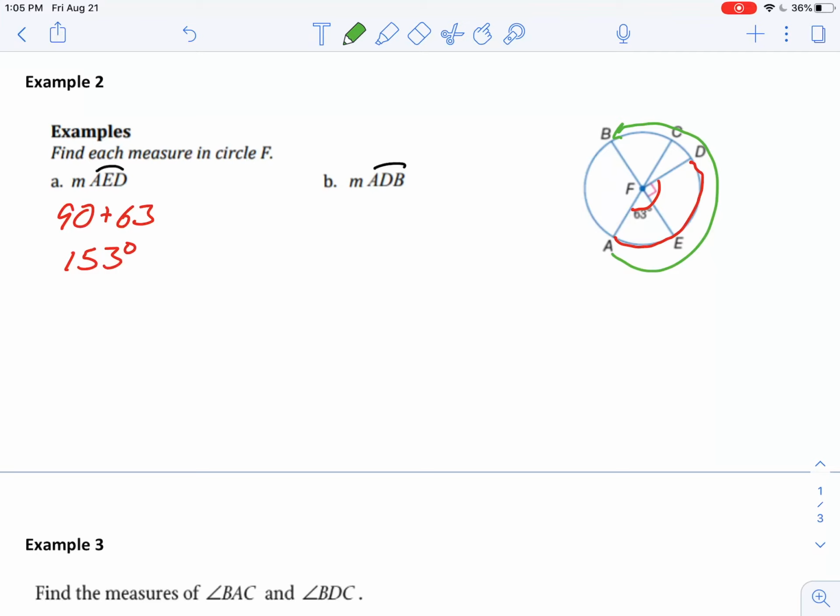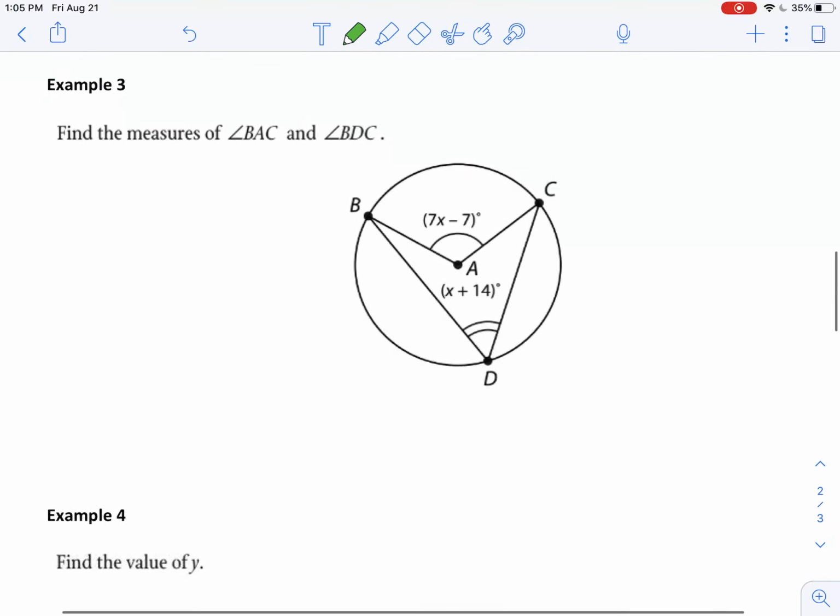I don't know the measure of either of these central angles, but here's what I do know. This is half a circle, so that's 180, and that's 63. So 180 and 63 is 243. So that's one way to find it, 243 degrees.